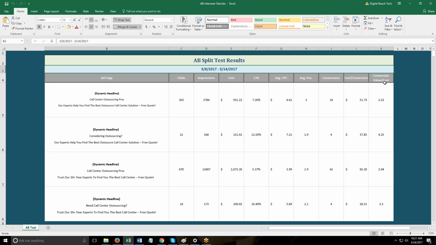So when you are reviewing split tests, there's two variables that you need to take into consideration for statistical significance, and I can't preach enough how important it is to have statistical significance before you make a decision. If you don't have statistical significance, it does not matter what the numbers say. The cost per conversion could be 50 cents or the cost per conversion could be $1,000.